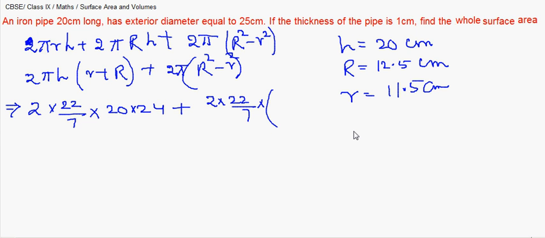So I'll just do it. 11.5 square is 132.25, and 12.5 square will be 156.25. Then if we subtract, that's giving us 24. So I'll write here a 24.